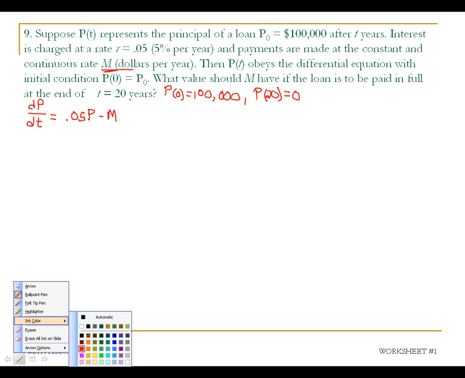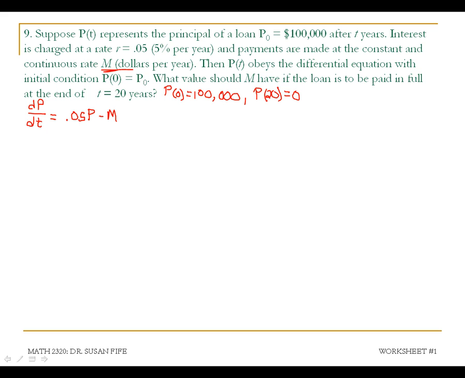So I'm going to start by multiplying the equation on both sides by dt. That'll get rid of my dt from the denominator and put it up as a differential. Then I want my P terms on the left side of the equation and my t terms on the right side.